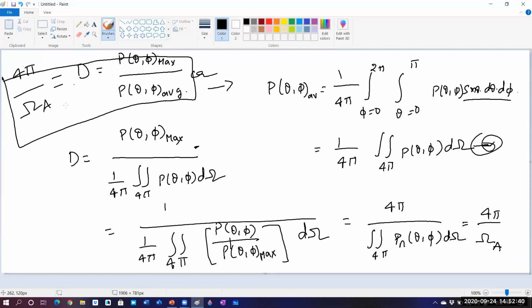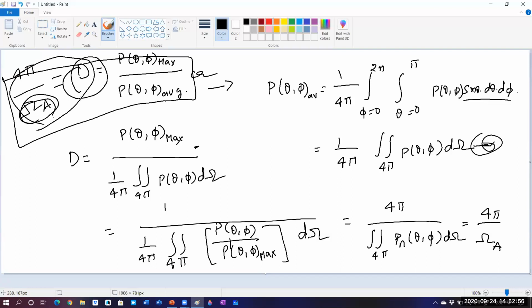From this equation, what we can observe is that the smaller the beam area, the larger the directivity.